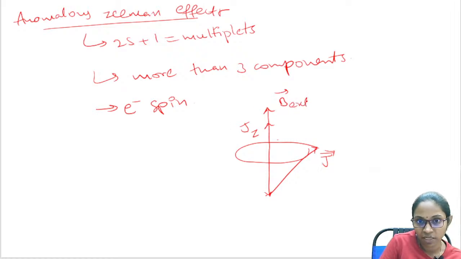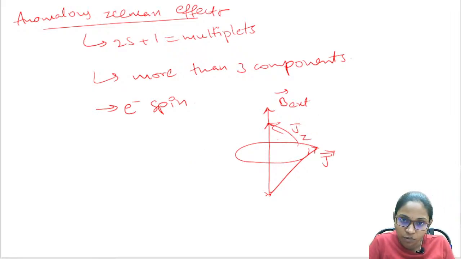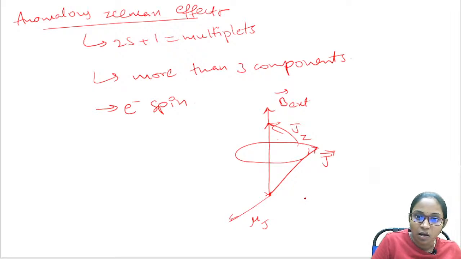This is the external magnetic field, and Jz is the projection of J bar over this external magnetic field. Opposite to J bar you will have mu J, just because here we are considering the electron, which is a negatively charged one.